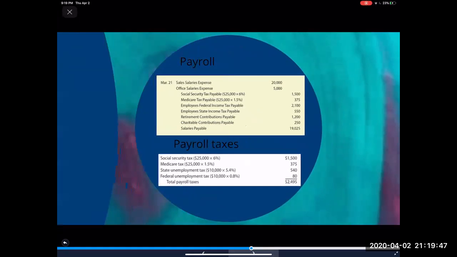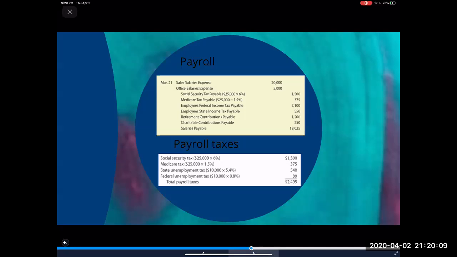So here's our example of their payroll. The first one is their payroll expense, how they're recording payroll. The first two lines represent the payroll for the sales salaries and the office salaries.